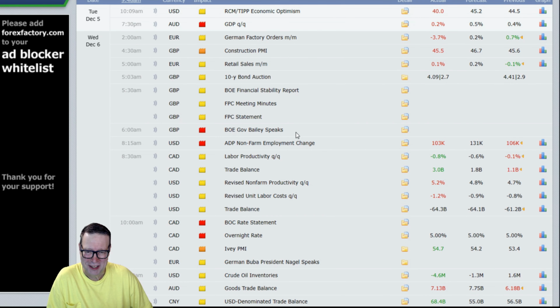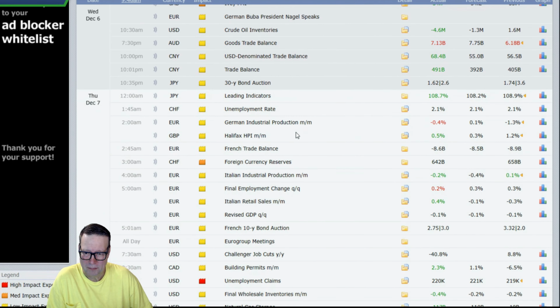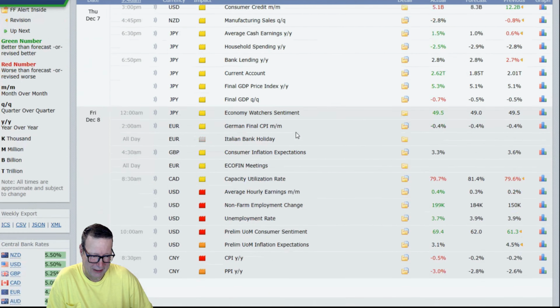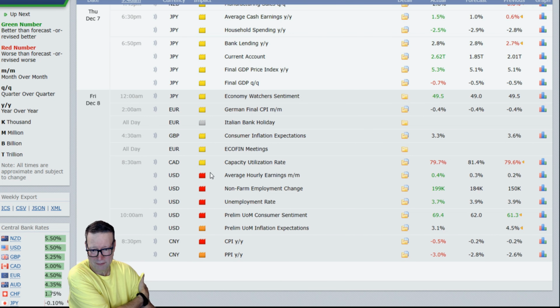Now, if we look to Friday, this was December 8th on Friday, you'll see here we have a whole bunch of red going on at 8:30, which is when the market opens for the New York session.